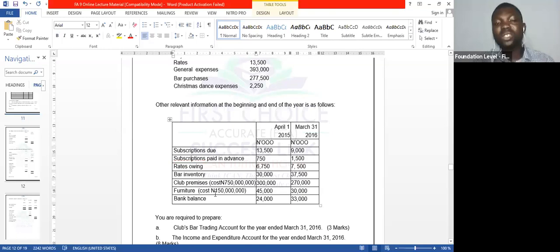It means that the total asset of the previous year minus liability gives you your accumulated fund for that period. So now let's calculate that so that we can see what I'm talking about. Statement of financial position, March 2015, our first March.